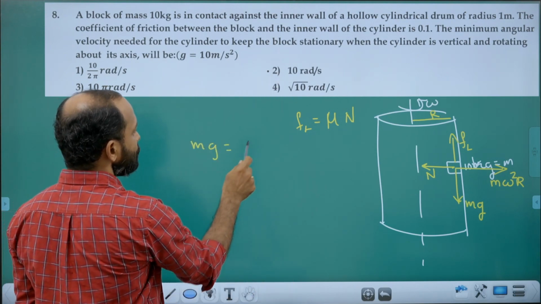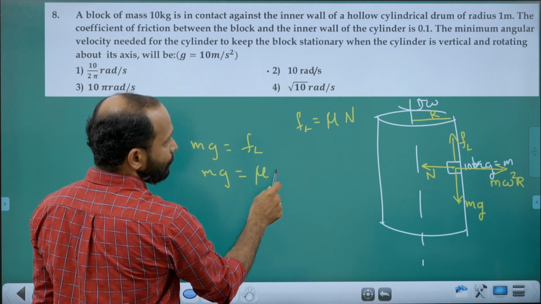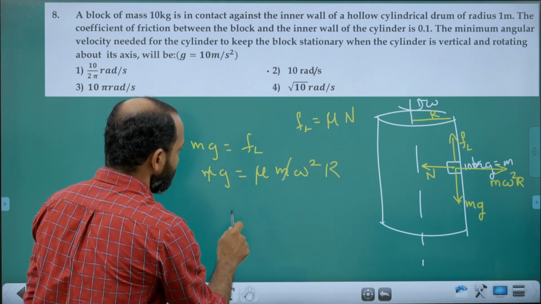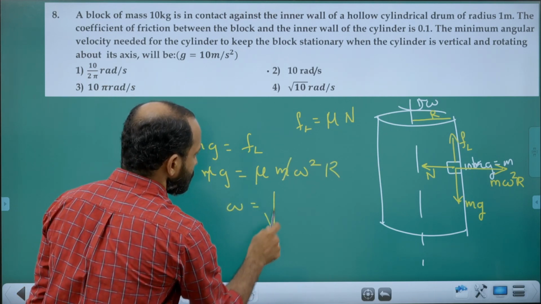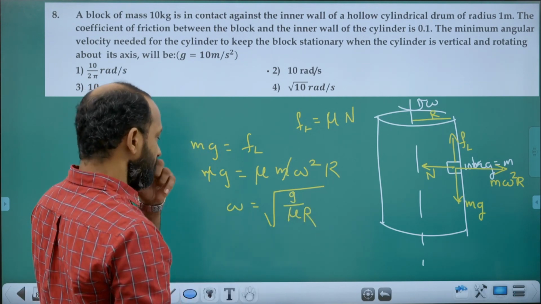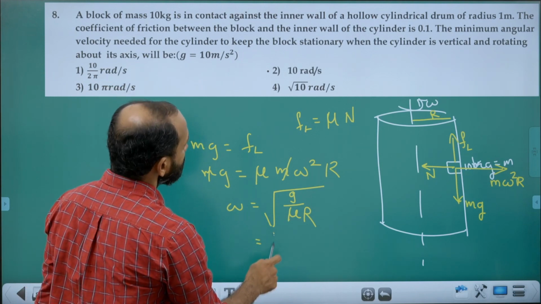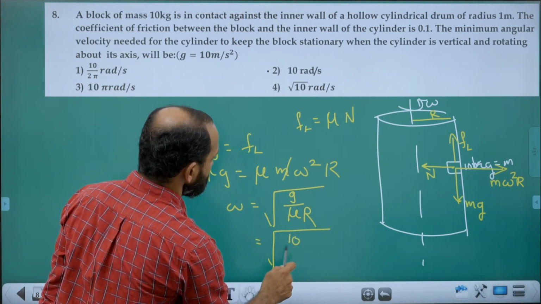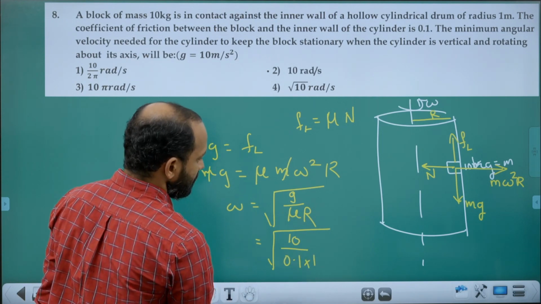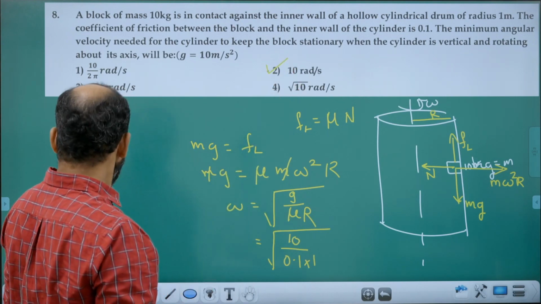That is mg is equal to FL. That is mg is equal to mu times N, where N is m omega square R. You cancel m and you get omega as square root of g divided by mu R. That is equal to root of g, which can be taken as 10, mu is 0.1, radius is 1. So root 100, that is 10. So correct answer is B.